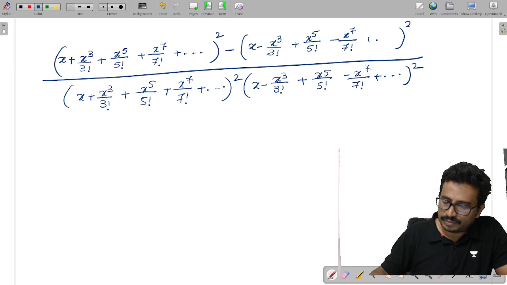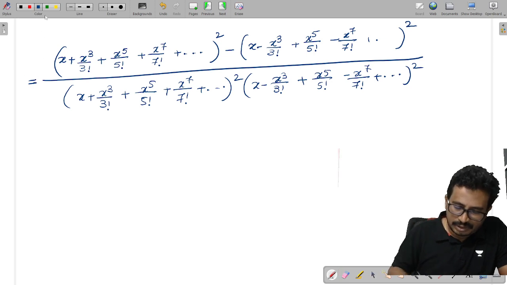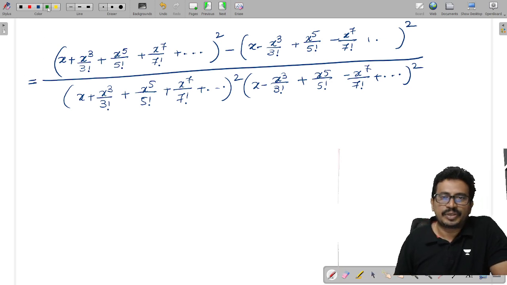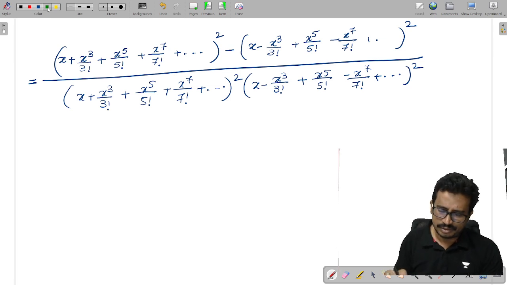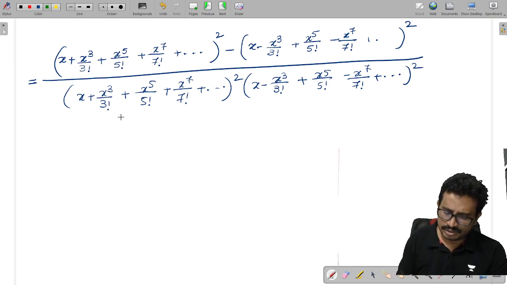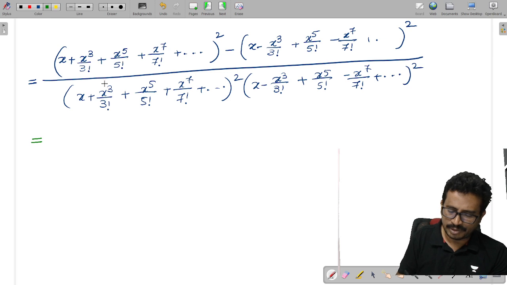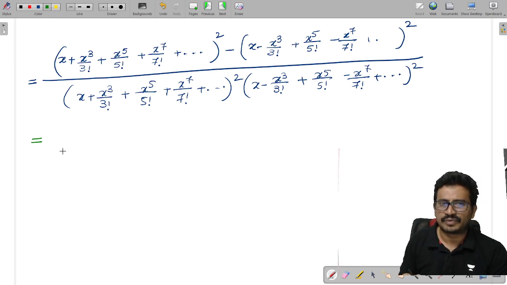Now let's see what we can do. Squaring here, in this I can take out x square. If you have taken x square common, then see what happened.